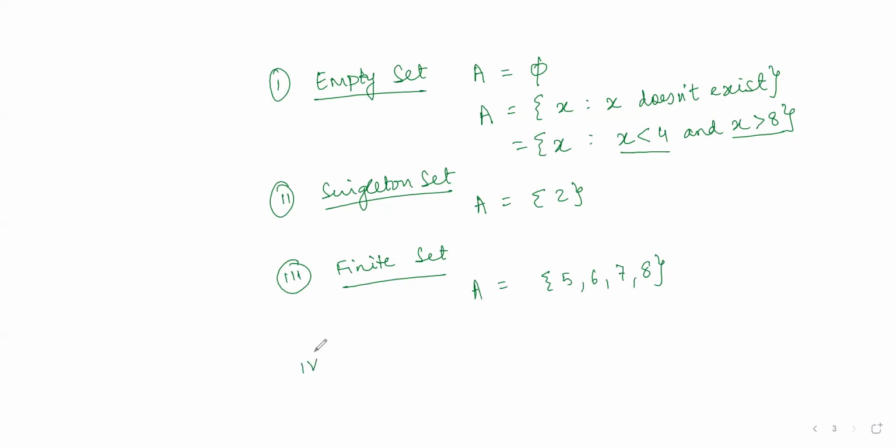Infinite set belongs to natural numbers. These are all examples of different kinds of sets, right?